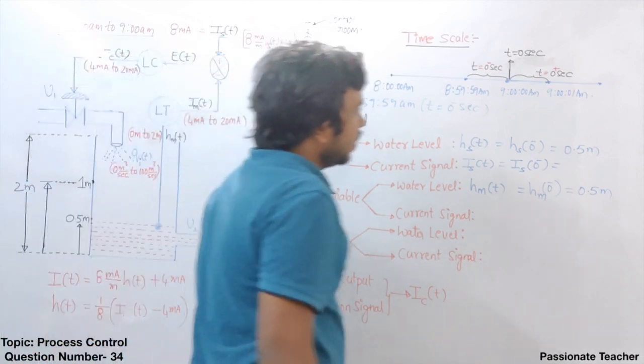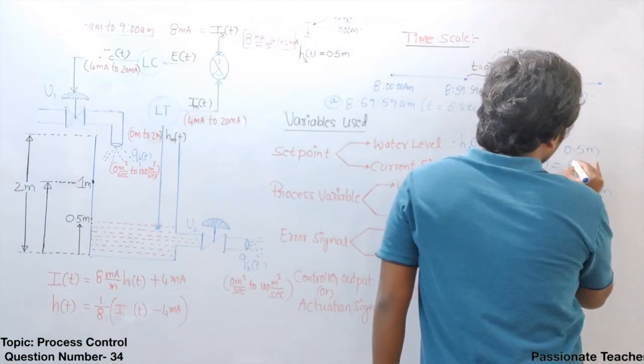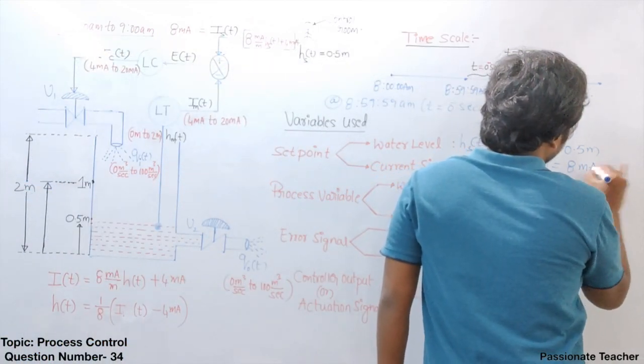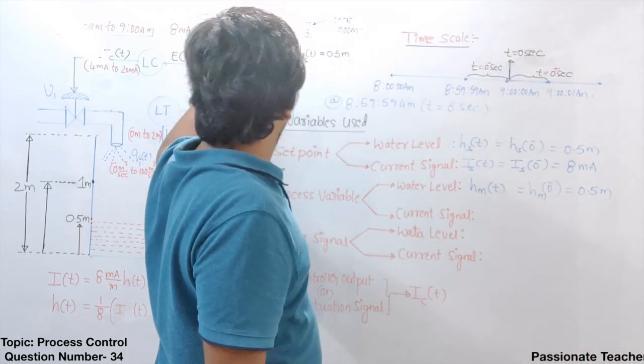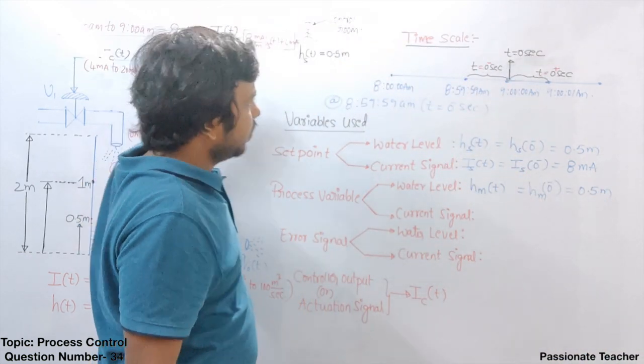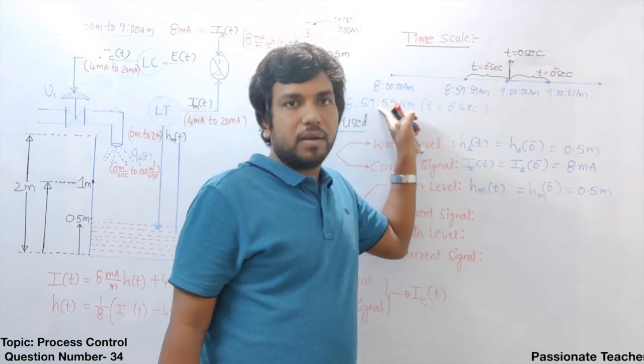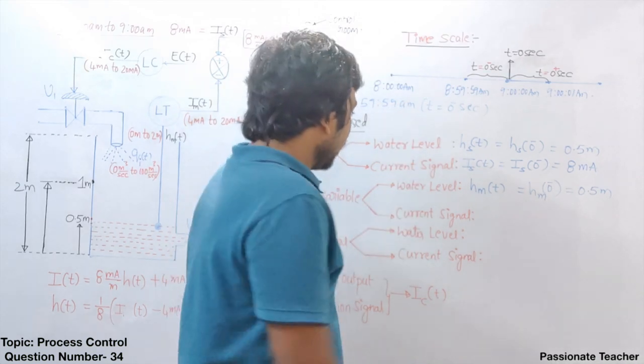So that means initially the current generated by the set point line is equal to 8 milliampere at 8:59 am. What about the current signal here?